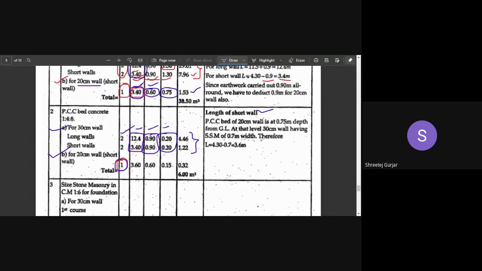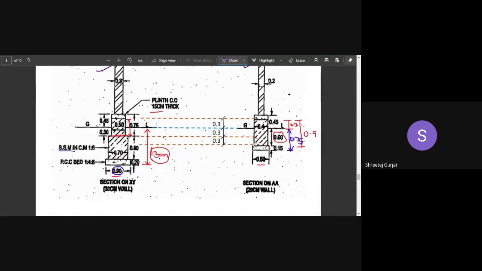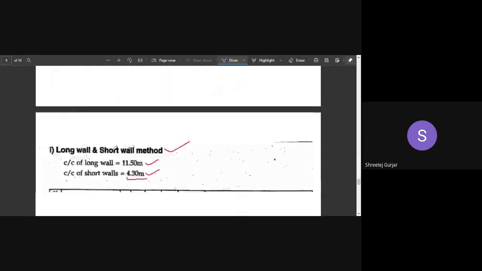Therefore, the length will be 4.3 minus 0.7, not 0.6. We should not deduct 0.6. We have to deduct at this level. You have to see what the thickness of the 30 centimeter wall is at this level. It is 0.7, and since it is greater than 0.6, you have to use this thickness 0.7.